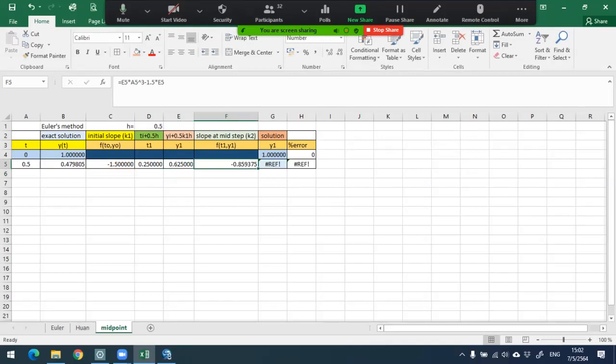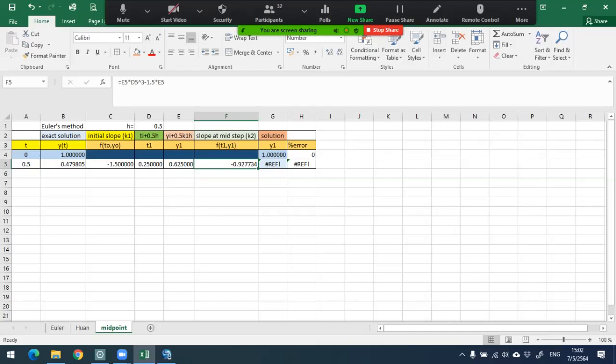After that, we use this value to determine the slope at mid step. The t is not 0.5 anymore. Y is here, and t should be here. t power 3 minus 1.5y. That's already done, right?